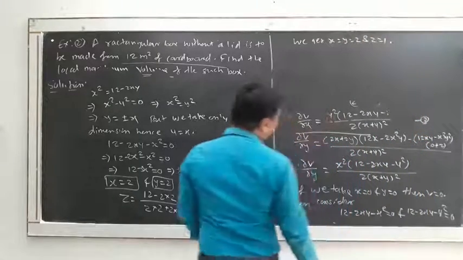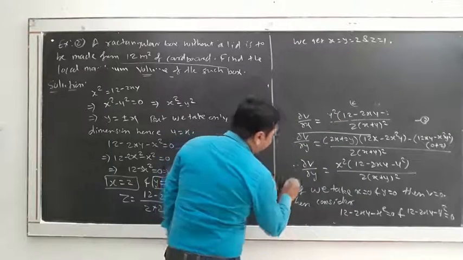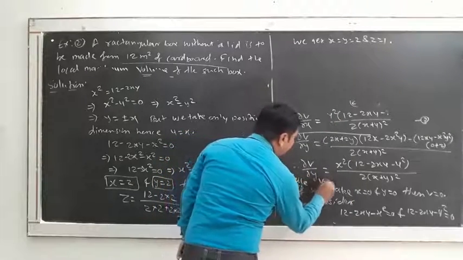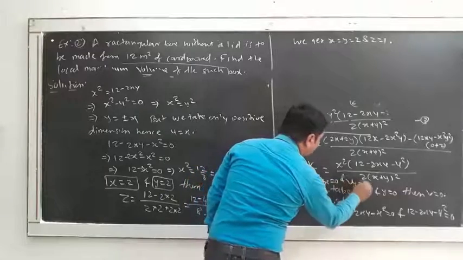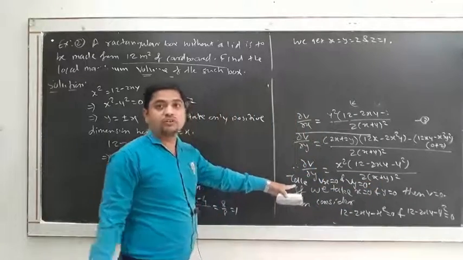So what we do here, we take Vx is equal to 0 and Vy is equal to 0. That is the first derivative test we use.